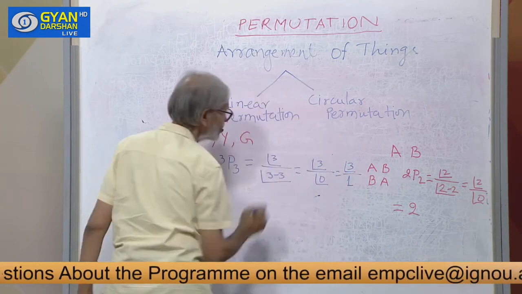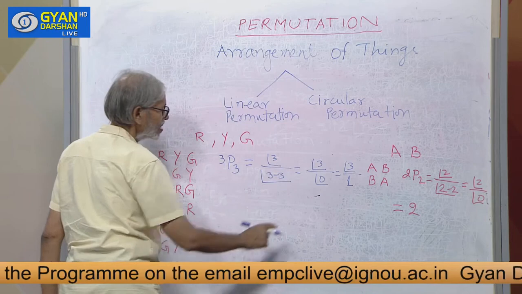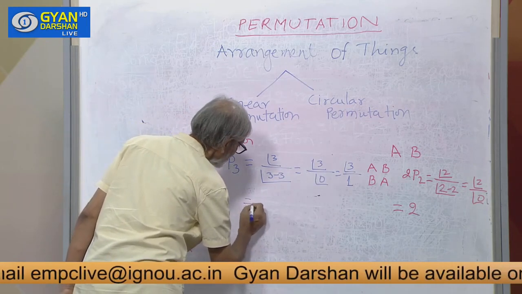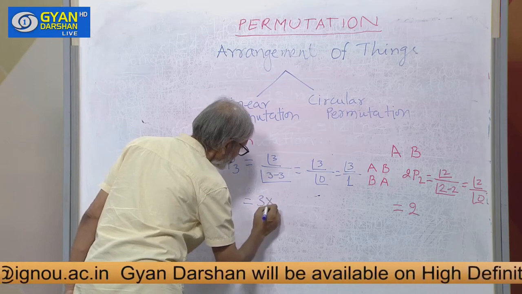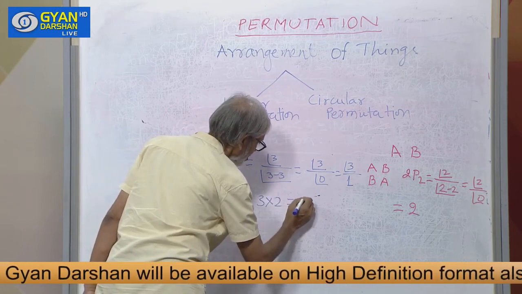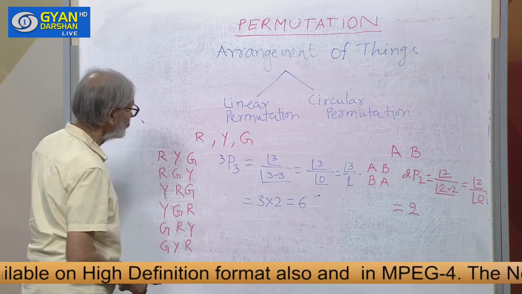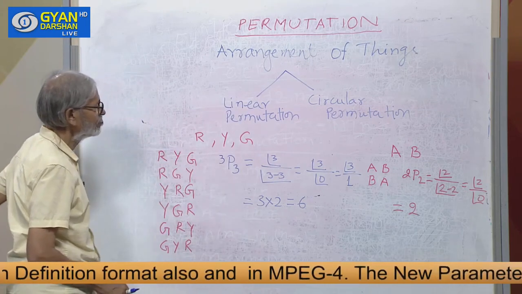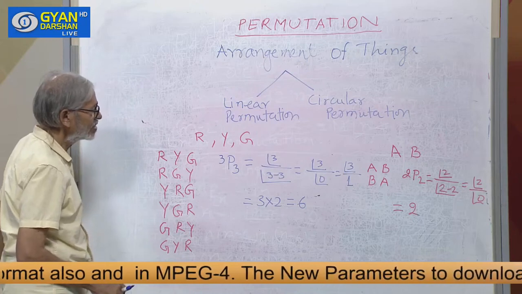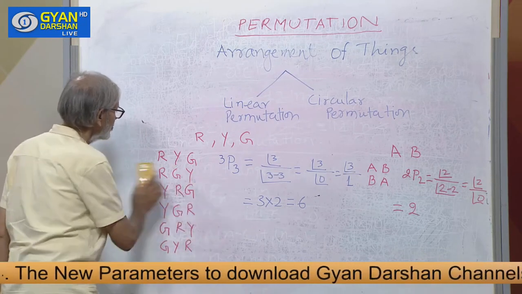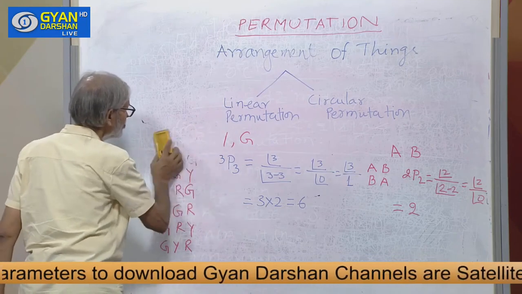As you know, factorial 0 last time we discussed, it is equal to 1. So, this will be equal to 3 into 2 into 1 is equal to 6. So, you can verify how this has come. Now, let us take another example.